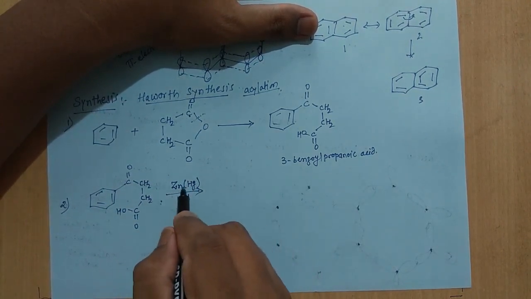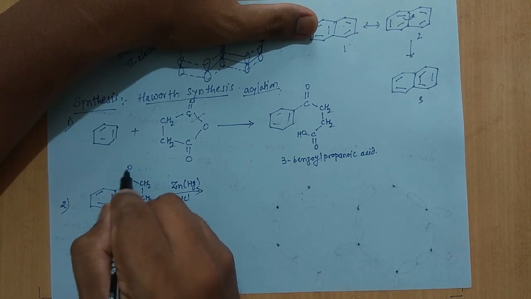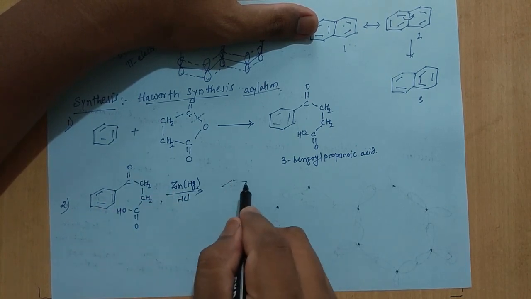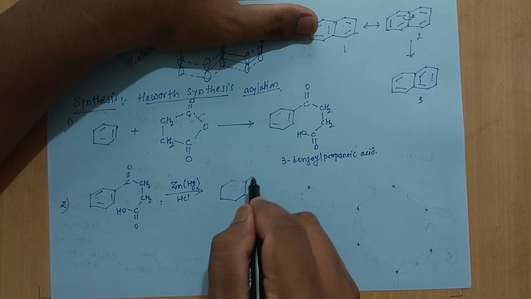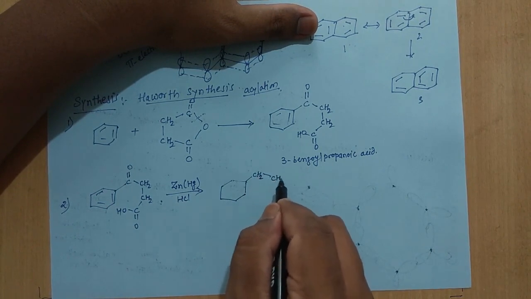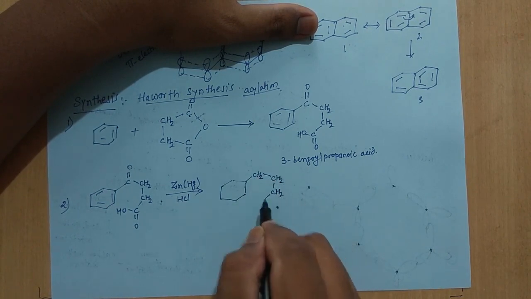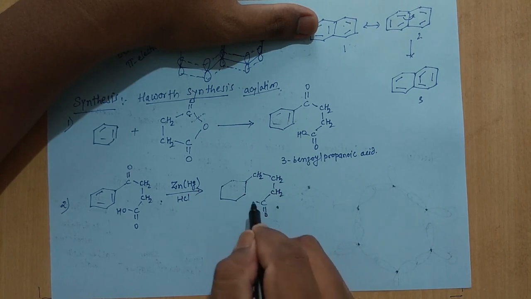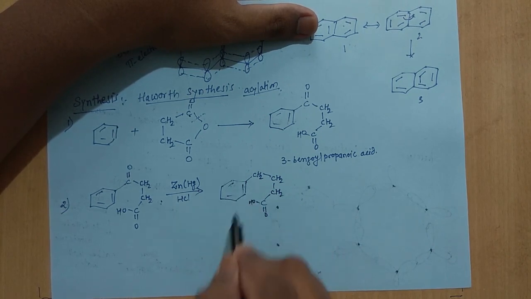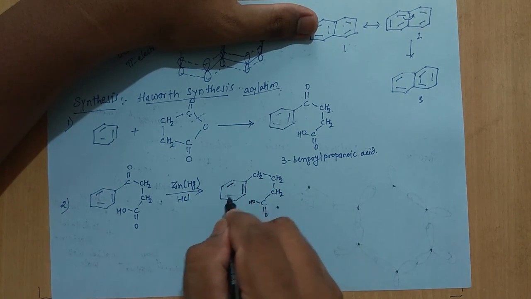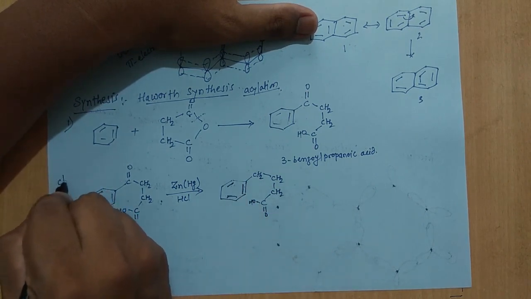Now that specifically reduces this carbonyl group, and you will get CH2, CH2, CH2 and C double bond O, OH. This is your second step, called Clemmensen's reduction.